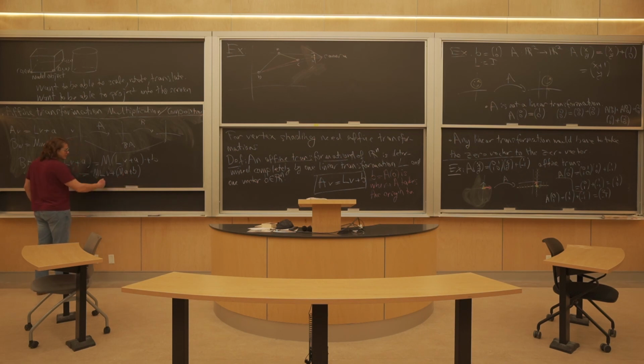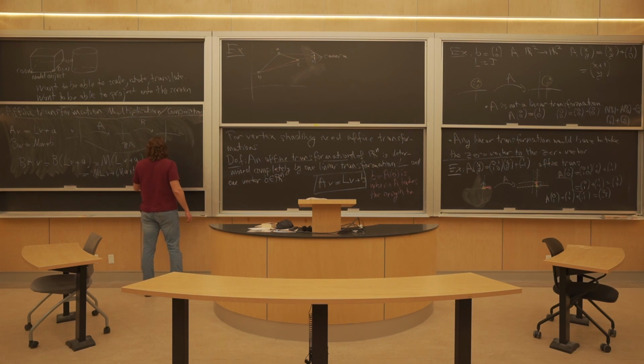So this is a vector, this is a linear transformation. That is to say, the composition or the product of two affine transformations is an affine transformation, just like how the product of two linear transformations is a linear transformation. So BA is also an affine transformation.